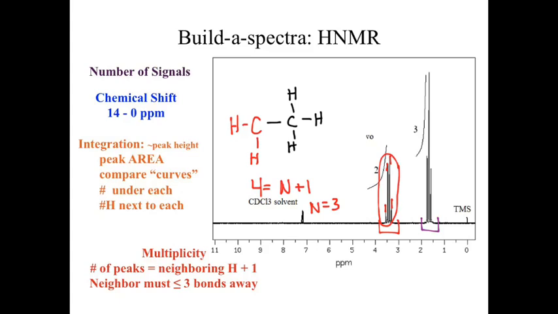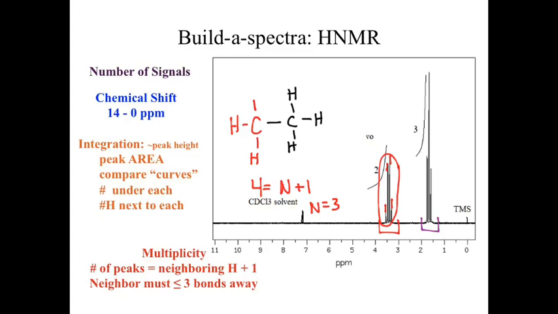The next thing that I like to include is a hanging bond, meaning that carbon is missing something. It needs to have 4 bonds. So I like to throw that bond on there so that I know that piece is still there. That is now what I've gotten out of the multiplicity for my red hydrogens.